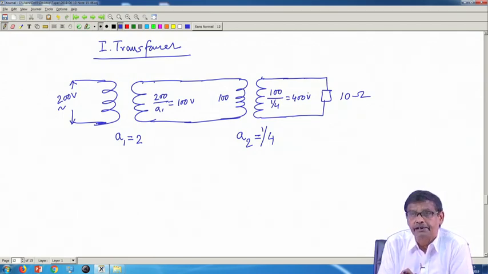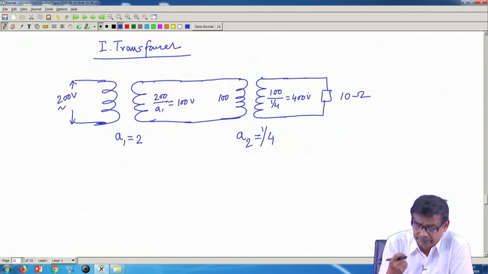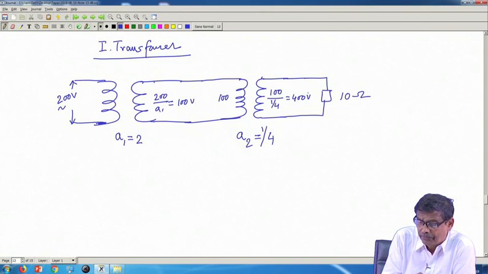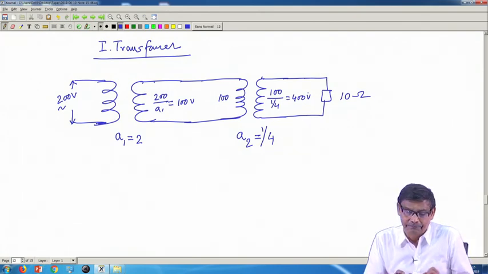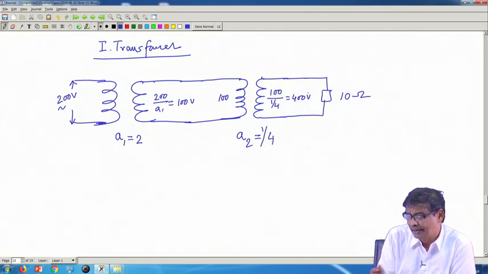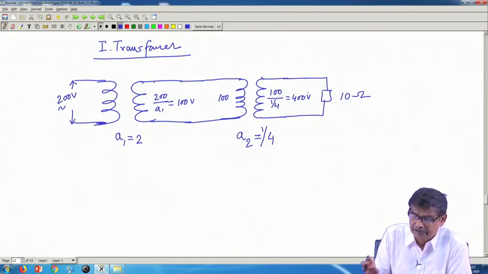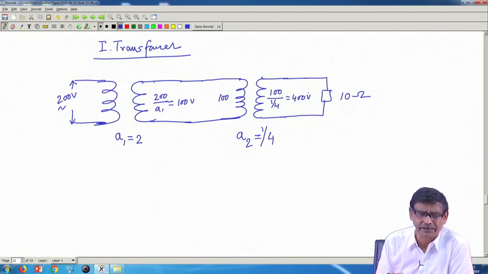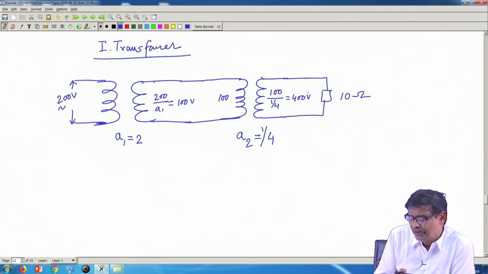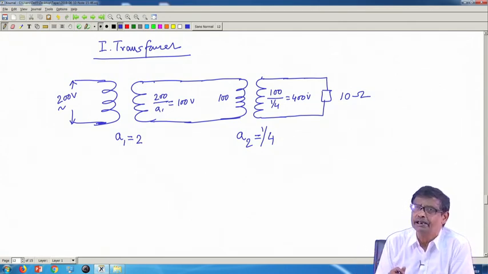If I make any mistake, please point it out through your mails. But what I am trying to tell you is that you can see the nicety of analyzing circuits involving transformers. It is so easy. An actual transformer has an equivalent circuit that is slightly more complicated, but even if you assume it to be ideal, you get results very close to the correct values.